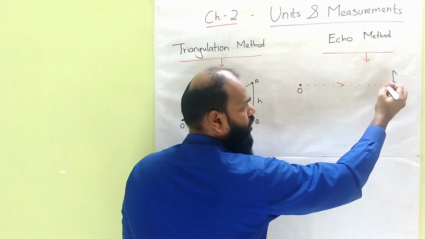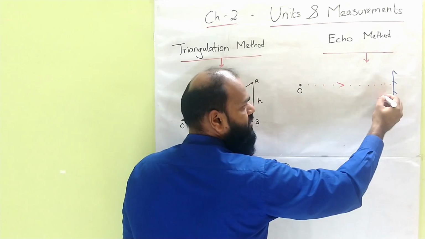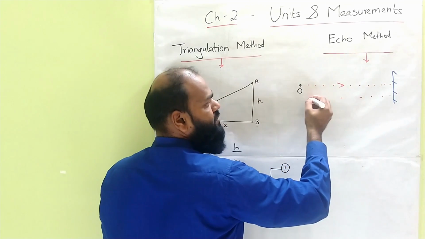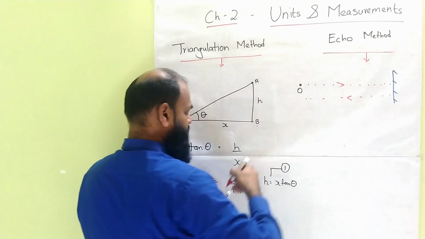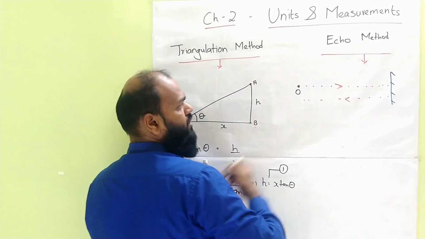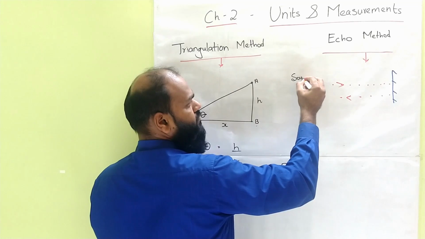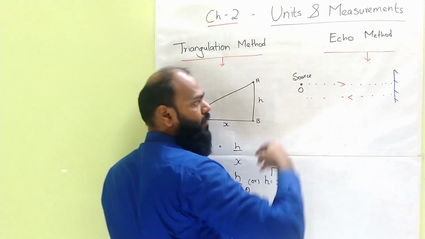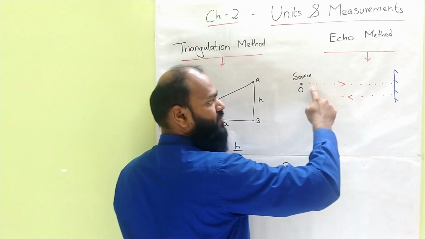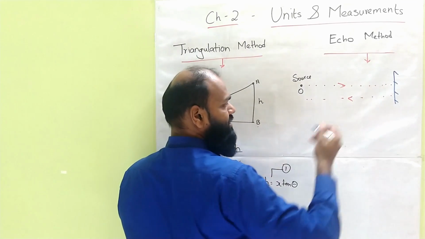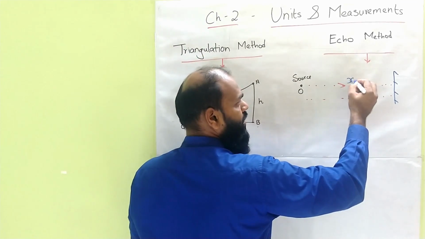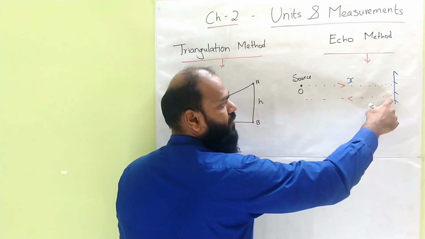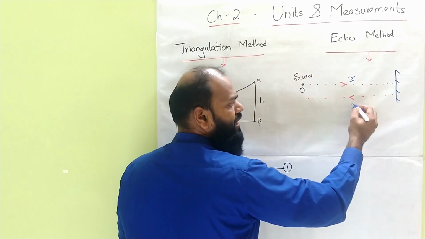It goes, hits the wall and returns back to the source. Let this be the source. The distance of propagation from this point to the wall, let's say the distance is x, and the distance from the wall back to this point is another x.